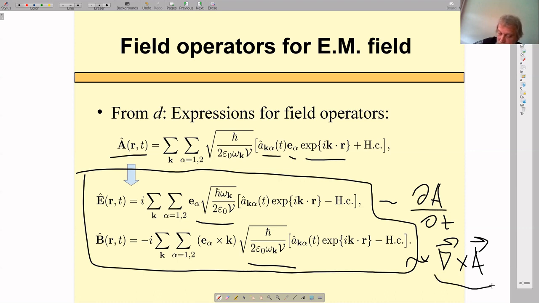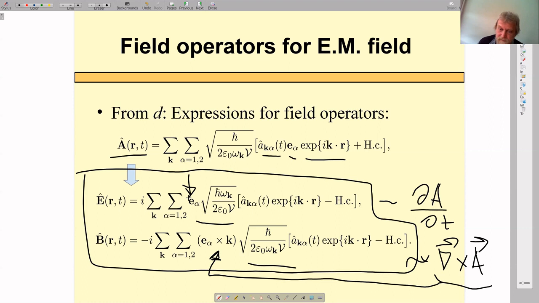That is how this algebra is reflected here. The electric field will contain polarization vectors. The magnetic field will contain polarization vectors, a vector cross product with the direction of propagation. Good, so we have established field operators for the electromagnetic field.